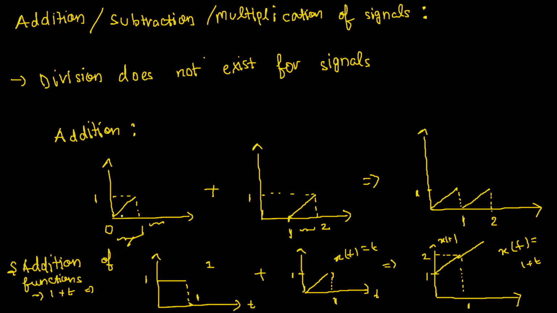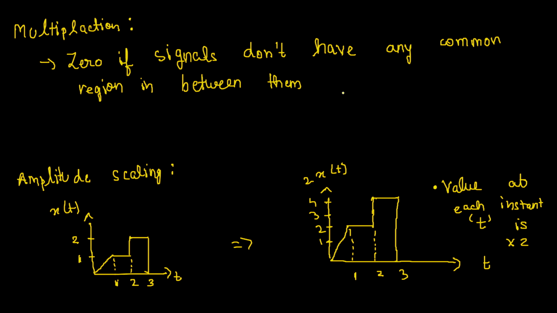So 0 into whatever the graph is, it doesn't matter because it's still 0 in every particular region. So when we are multiplying two signals, it's essential that there should be some common region where they exist, or else the entire product is going to come out to be 0.